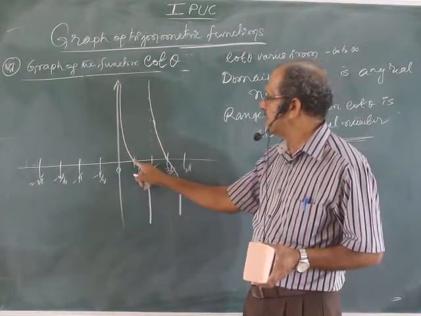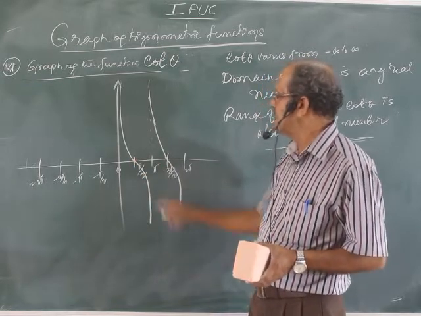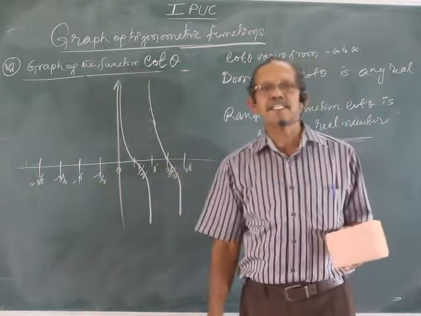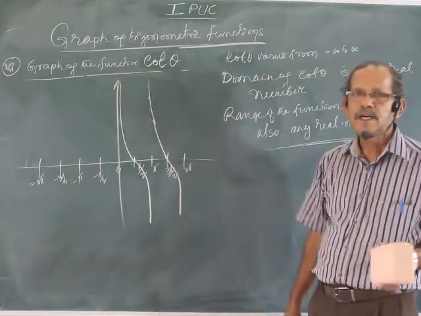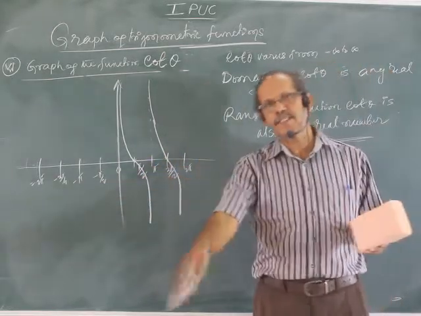In the second quadrant, it still decreases from 0 to minus infinity. In the third quadrant also it is a decreasing function, just the reverse of tan. Tan function is continuously increasing, whereas cot function is continuously decreasing.